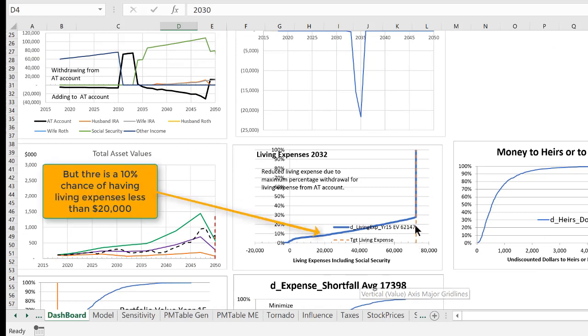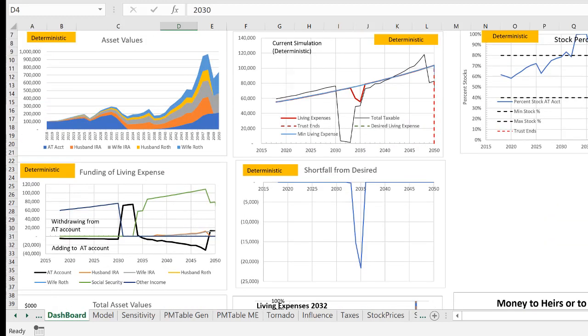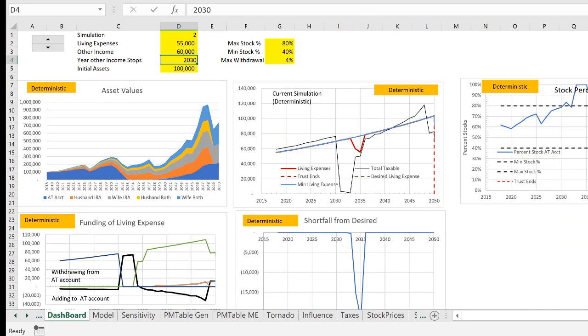So in 2032, I'm achieving my desired income more than 70% of the time. So 2030 probably works. Let's go back to 2029. I'm getting much too focused on the deterministic, which is a bad thing.